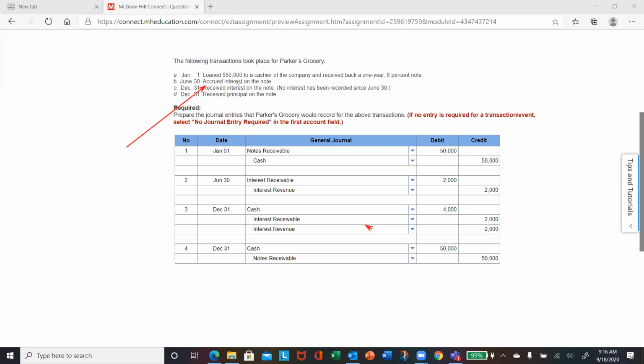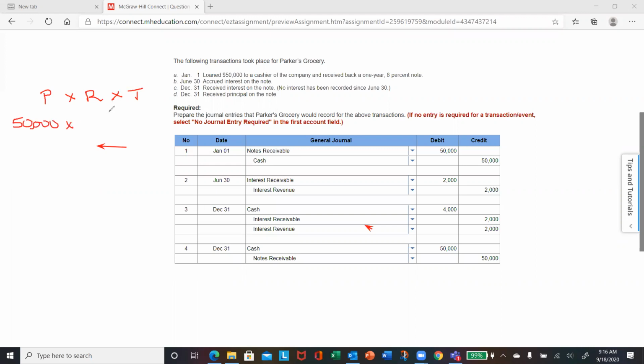And then it says accrued interest on the note on June 30th. So if you got January, that'll be what, 6 months. So you go January to June. So remember, and I'll write this out. Again, you've got your principal times interest rate times time. The principal is 50,000.